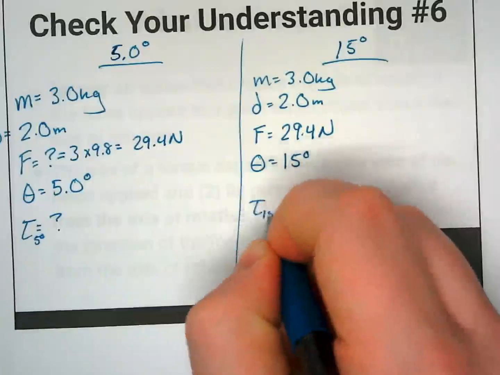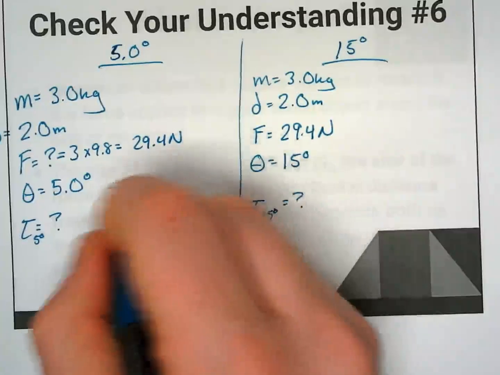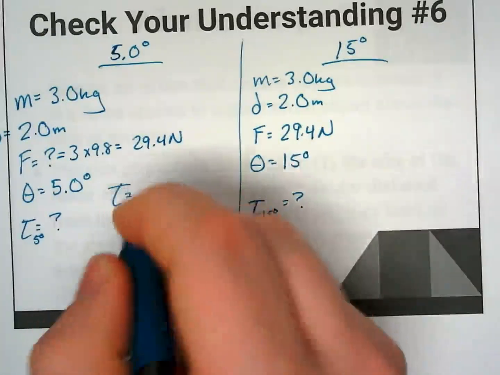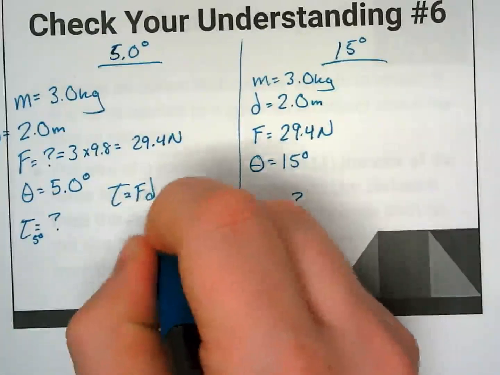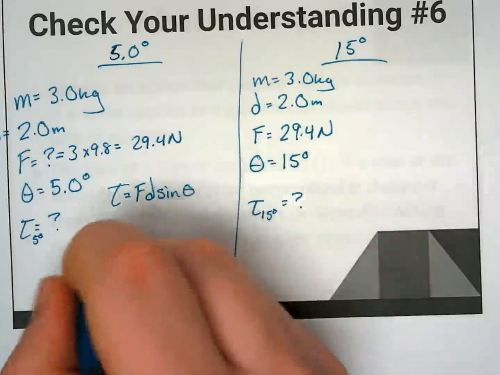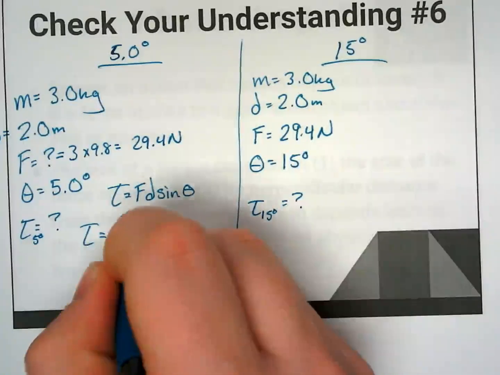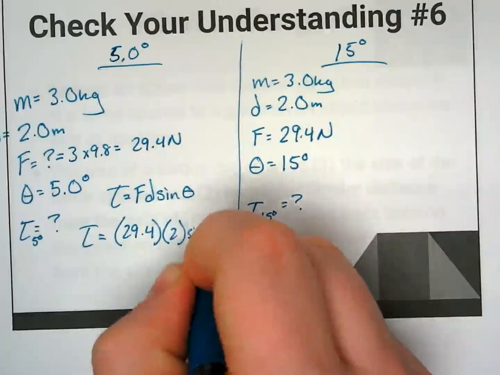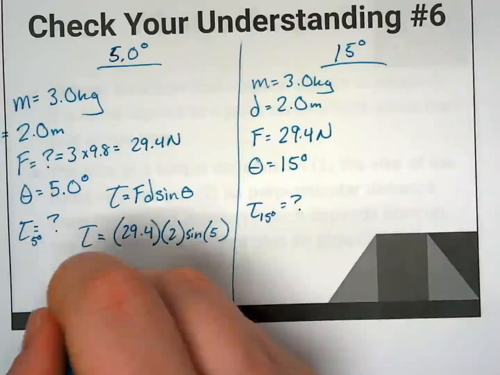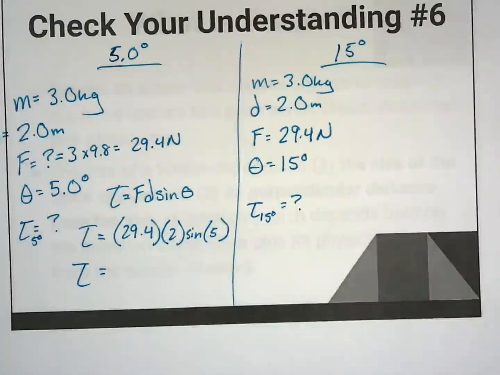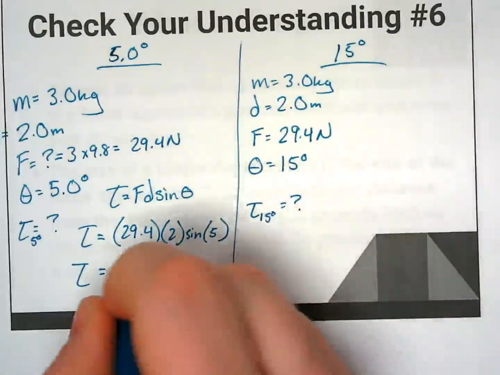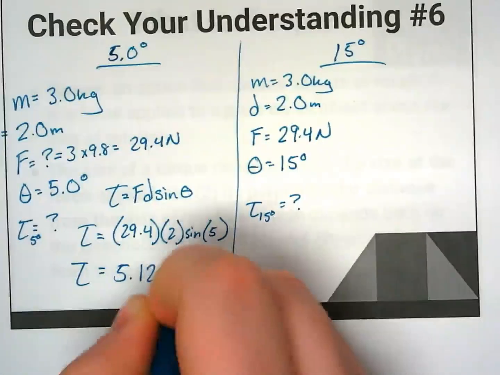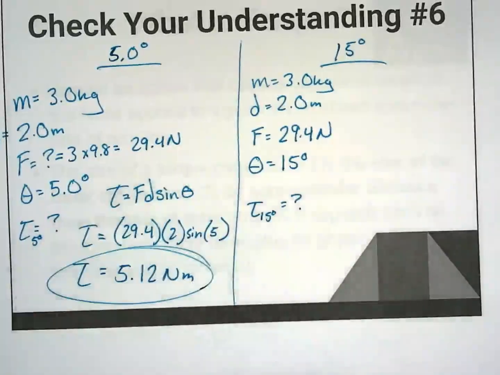What is our torque? So this one, we set it up exactly the same. Force times the lever arm times the sine of theta. It's going to be 29.4 times d, which is 2, times the sine of 5, which is going to give us a torque of roughly 5.12 newton meters at 5 degrees.